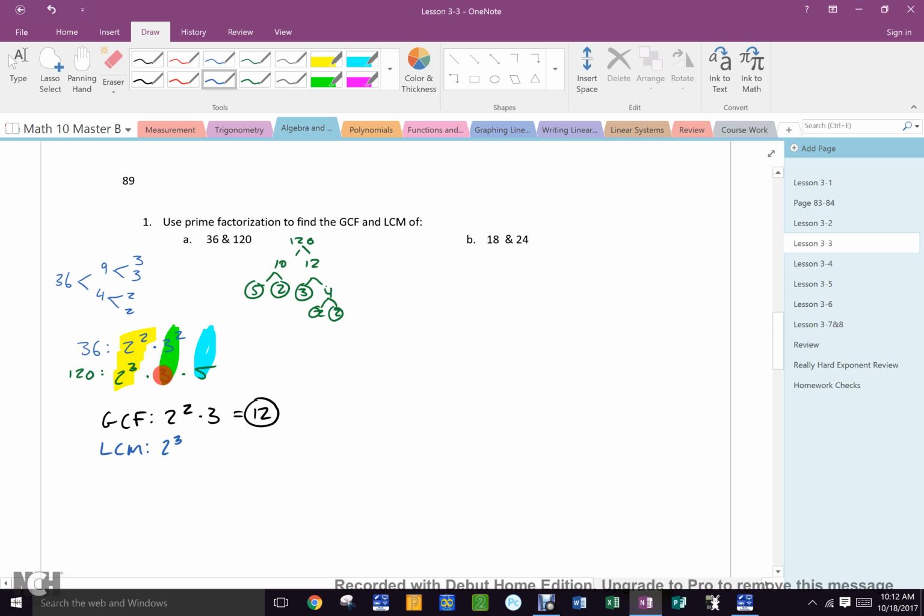How many 3's will cover all of my 3's? 3 squared. How many 5's will cover all of my 5's? 1. 2 cubed is 8. 3 squared is 9. That's 72. 72 times 5 is 360. That's my LCM. Can everybody do this?